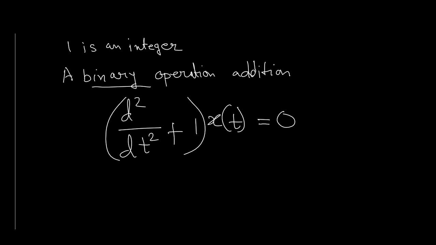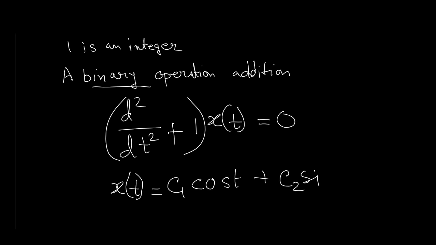Those who have taken some course on differential equations at the undergraduate level must agree that we can represent the solution as x(t) equal to c1 cos t plus c2 sin t, with arbitrary constants c1 and c2.